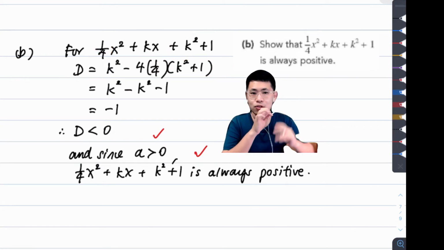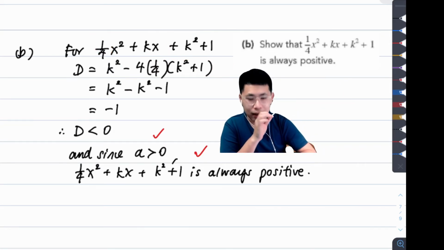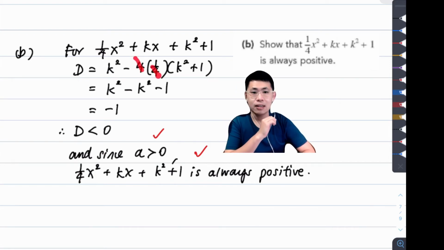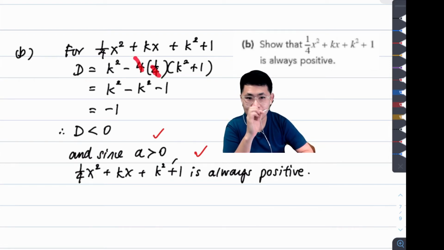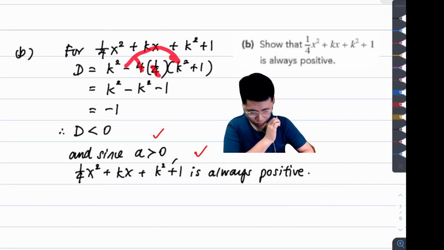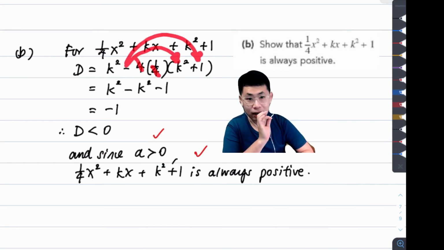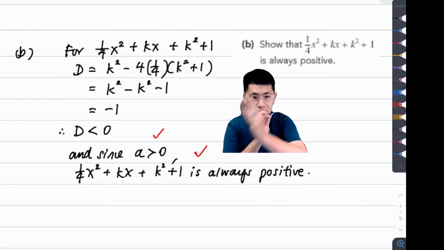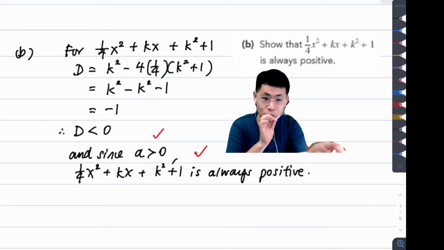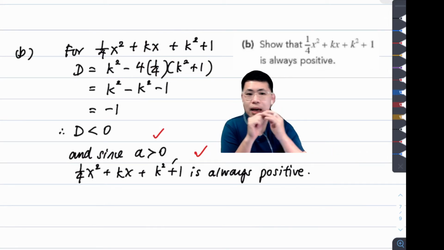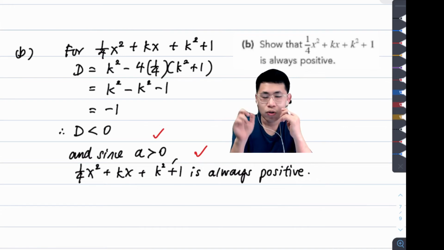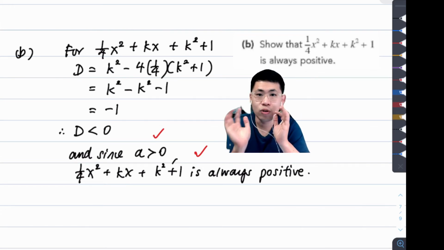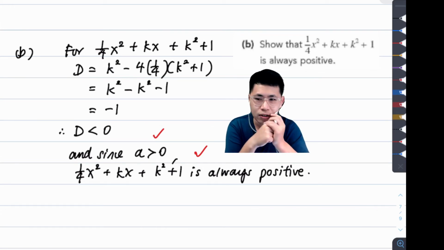We expand carefully, so the 4 and 1 over 4 cancel out nicely, and we need to expand the negative carefully. So we have k squared minus k squared minus 1, so we have a negative 1. So D is negative, no real roots. First condition.